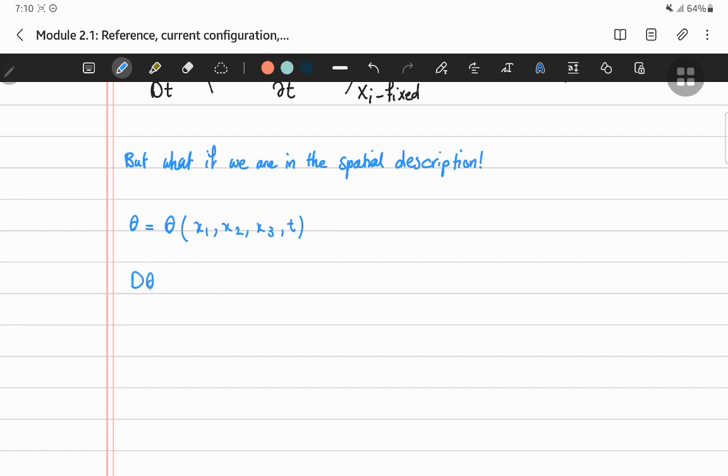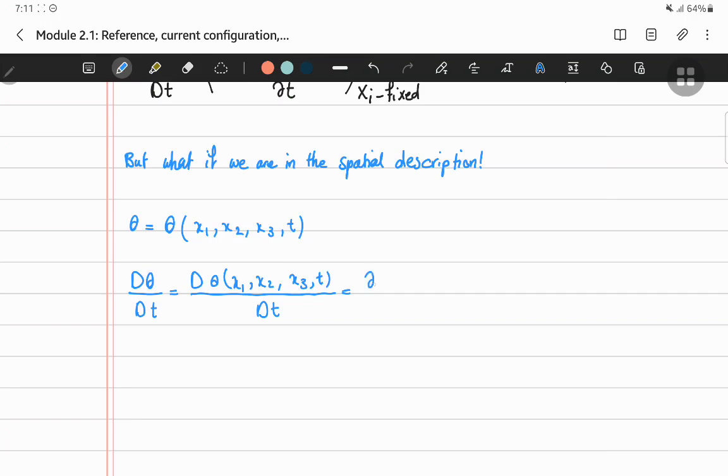If we want to calculate this d theta with respect to t, I have d theta of x1, x2, x3, and then t with respect to t. I can use the chain rule because I know theta is a function of x and x is a function of t.